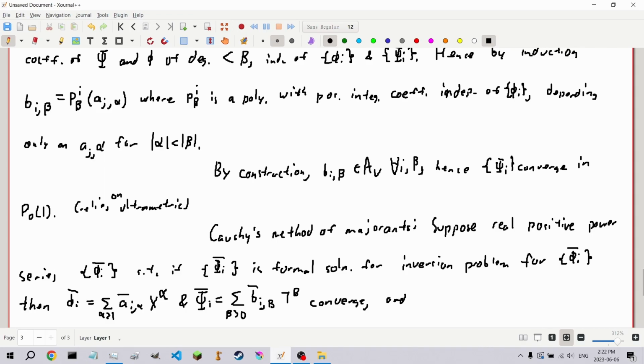And we have that the size of a of i and alpha is at most a bar of i and alpha, of course for all i and alpha.